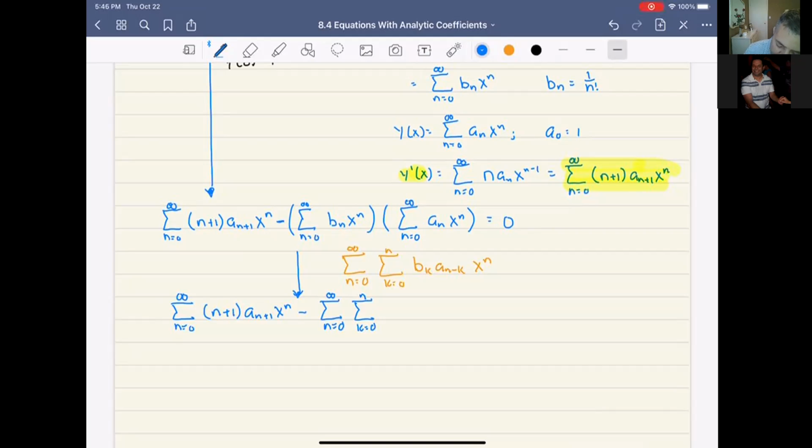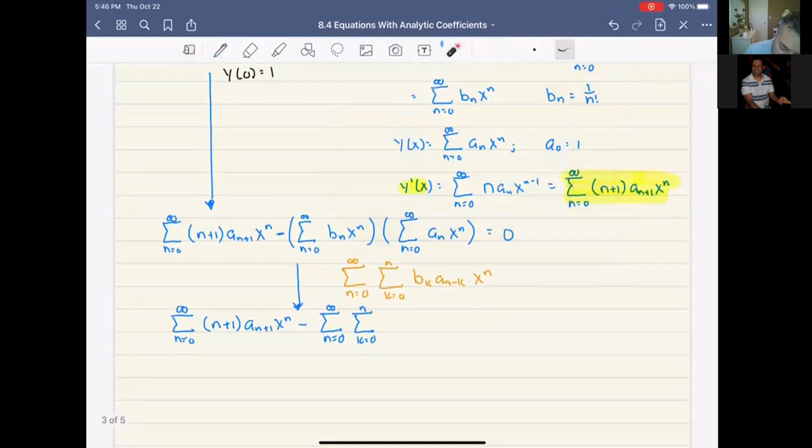Now I'm going to replace b sub k, my b sub k is 1 over k factorial. So now I'm going to get 1 over k factorial, a sub n minus k, x to the n equals 0. Okay, and now I'm ready to write my recursion relation.